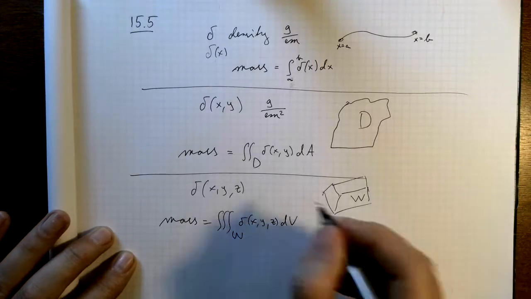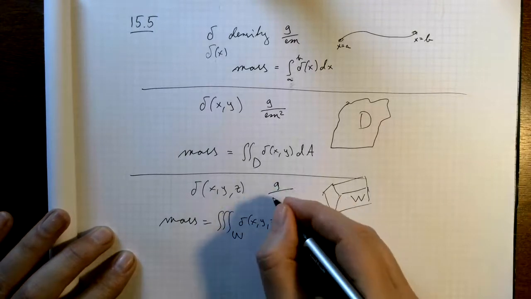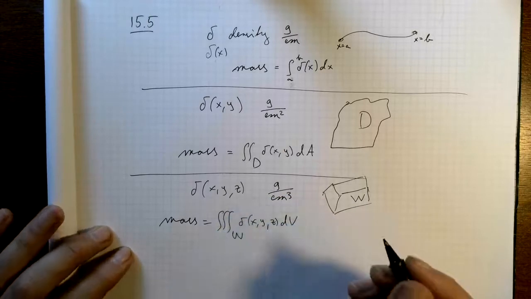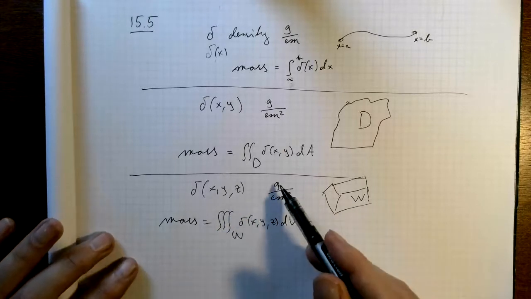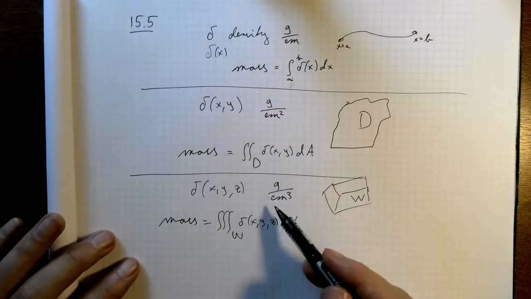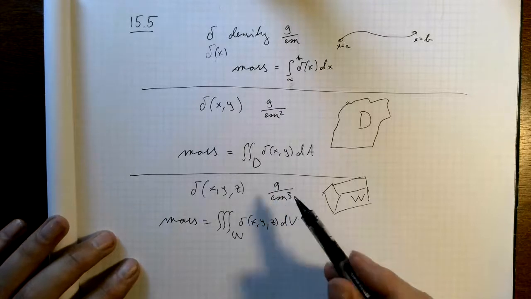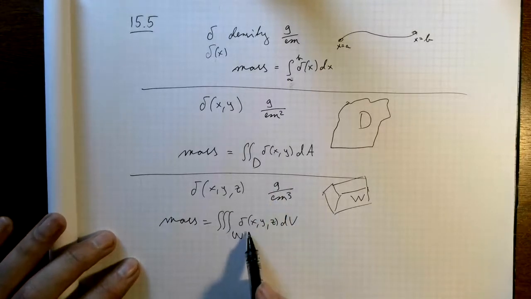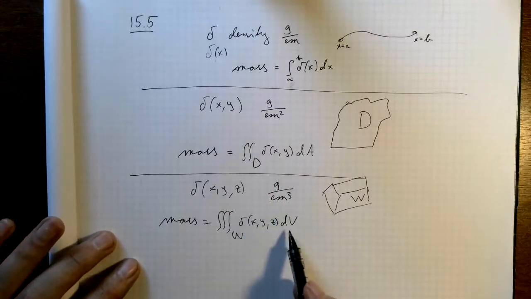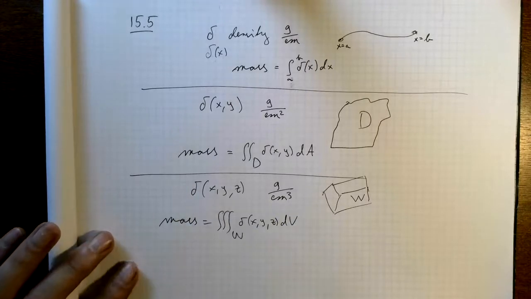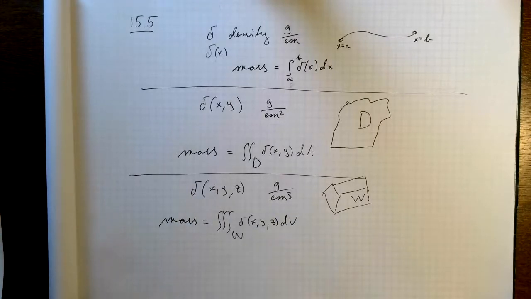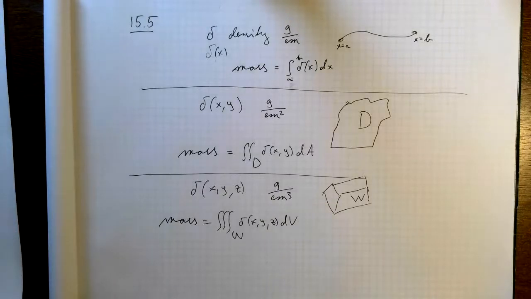It's the same thing. Here the units would be maybe grams per centimeters cubed. It should be units of mass per units of volume. Again, it's going to be grams per centimeters cubed times centimeters cubed. This is going to be in grams. So this is the way that you would figure out the mass of something.